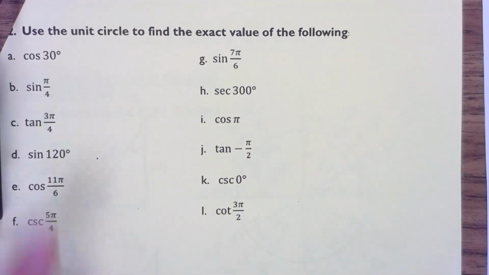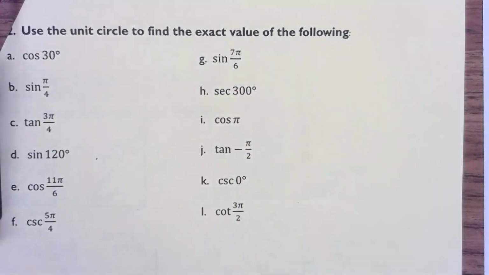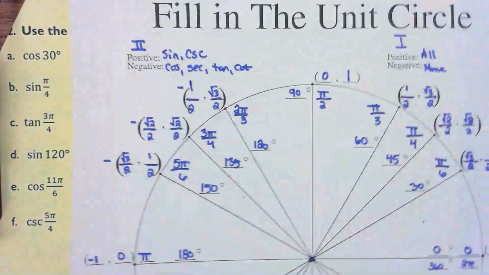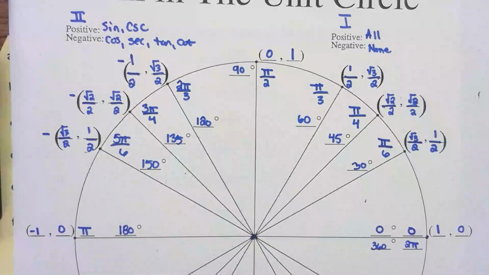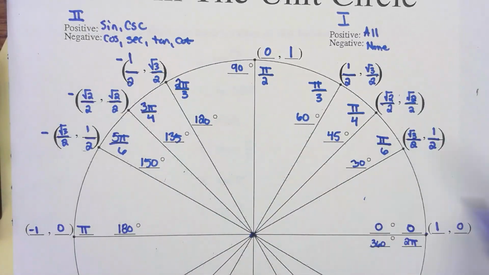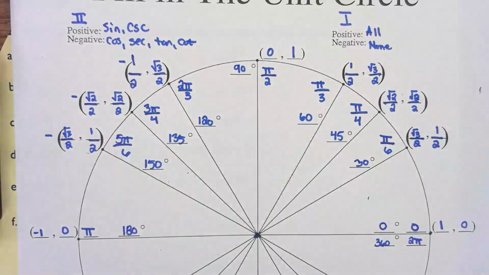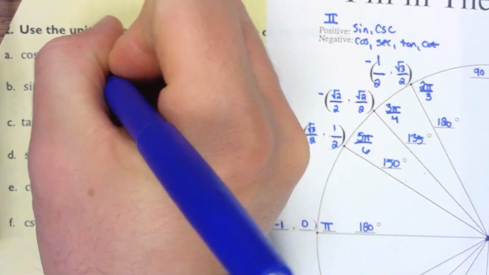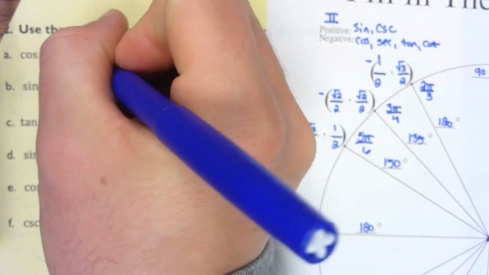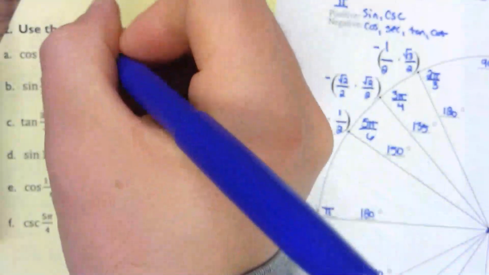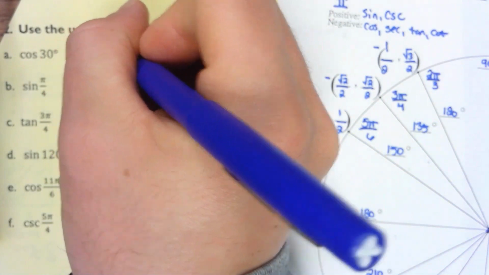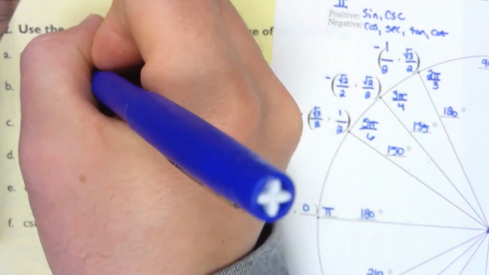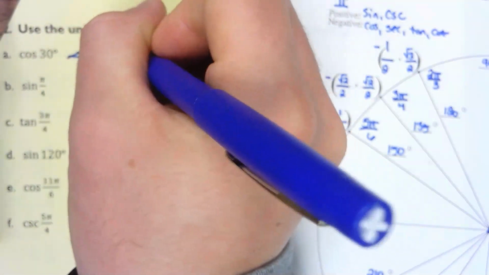So it says use the unit circle to find the exact value of the following. So here's how this works. Cosine of 30. I'm going to find that on the unit circle. I'm going to rotate to 30 degrees. Boom. At 30 degrees, I can either use the triangle, so I could just recreate that triangle there. So 30 degrees, where the x was root 3 over 2 and the y was 1/2.